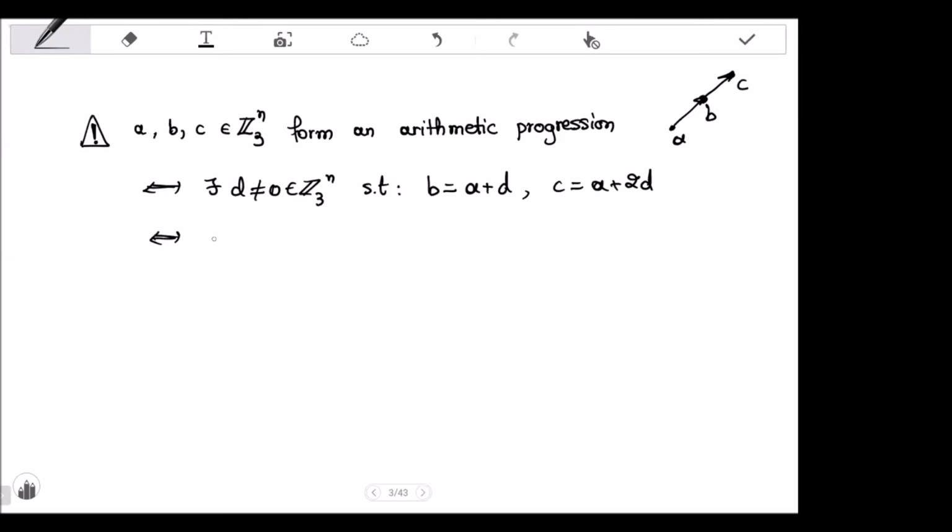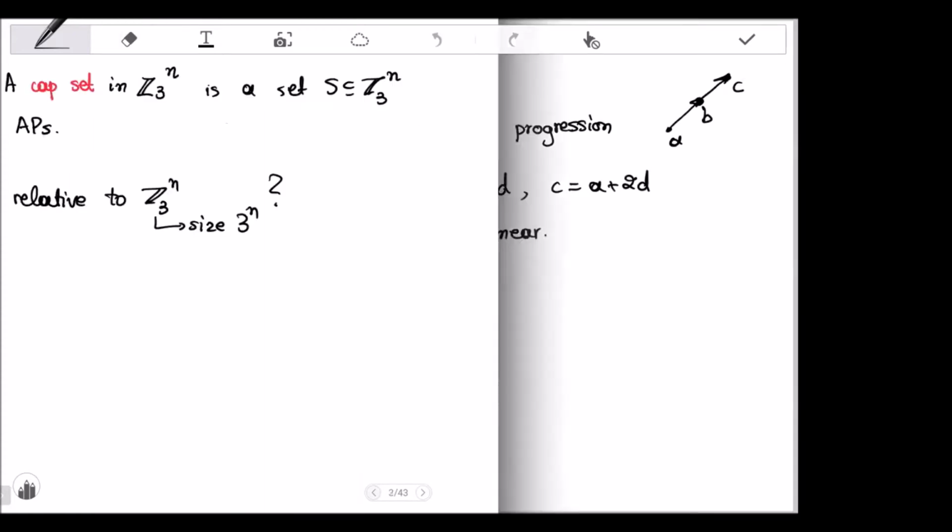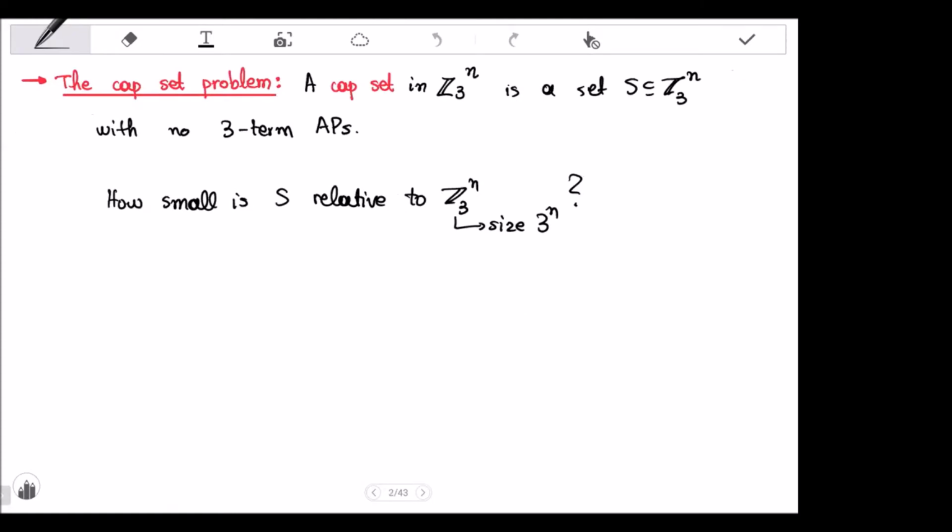So that's equivalent to A, B, and C being distinct and collinear. And in fact, they form a full line inside Z3 to the n. Every line in this universe has 3 elements. So a set without any three-term progressions is a set with no lines.